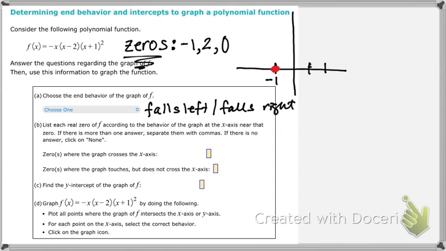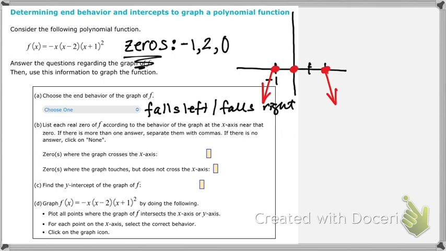I've got a 0 at 0. I've got a 0 at 2. This is x to the 4th, so it falls left, falls right. So I just go out to the left and go falls left, falls right.